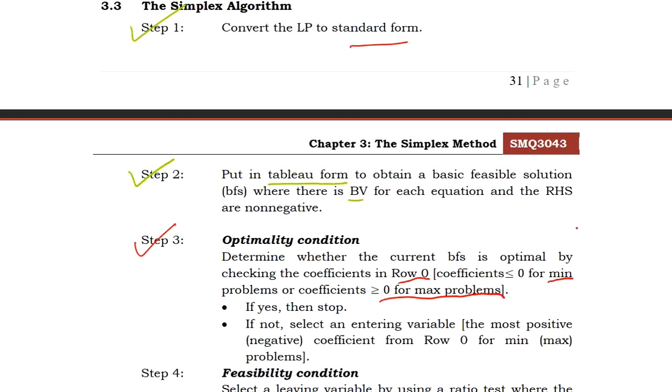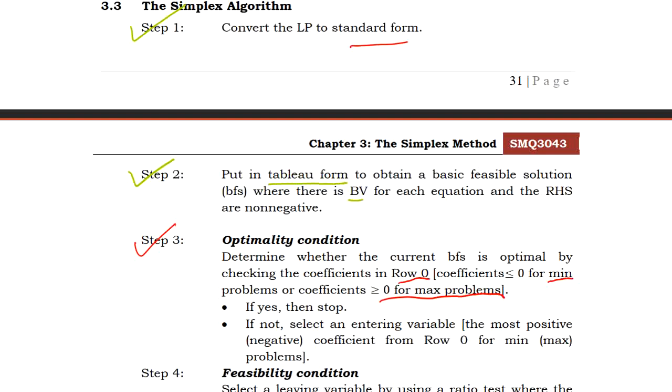If not, select an entering variable, which is the variable with the most positive coefficient from row 0 for minimization problem, or the most negative coefficient from row 0 for maximization problems. Okay.